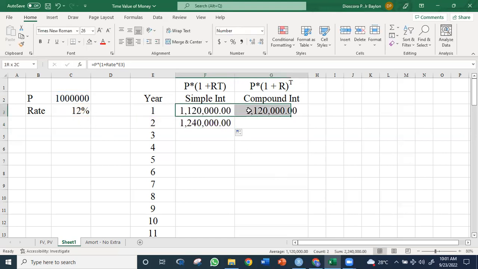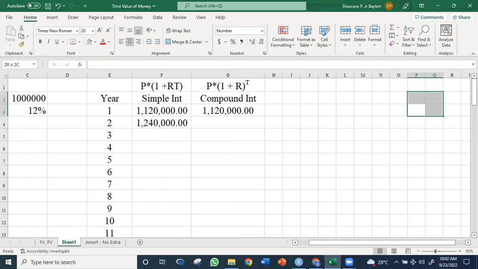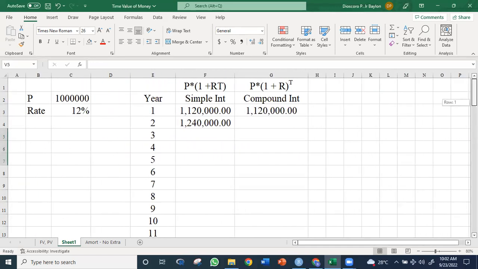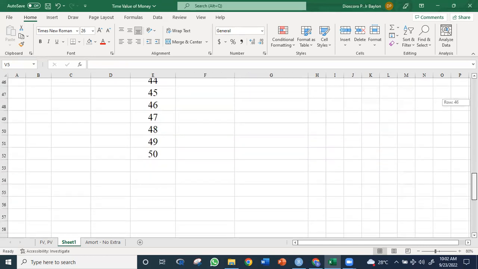Okay, so I can highlight both, and then if I highlight both and go to the lower right corner, you'll see this cross here. This one, the one without any raise, cross lang yan, guys. Since the years are already specified, make the years up to 50 plus, just to dramatize the point.